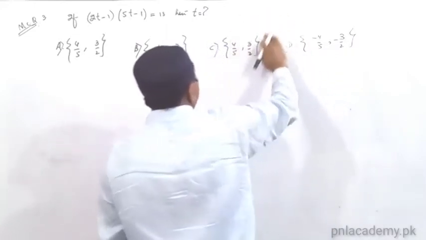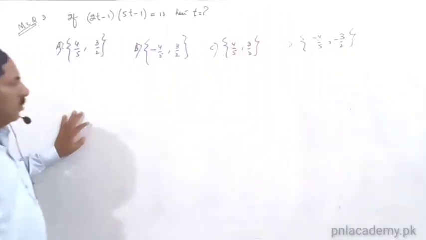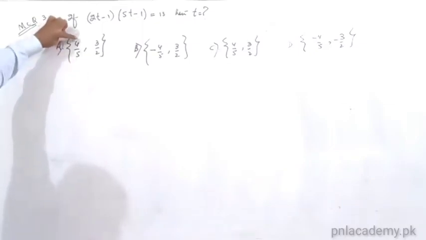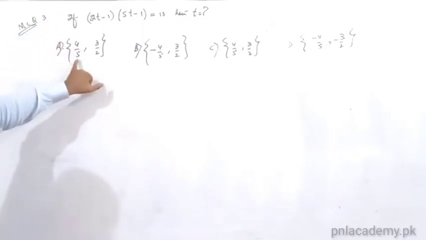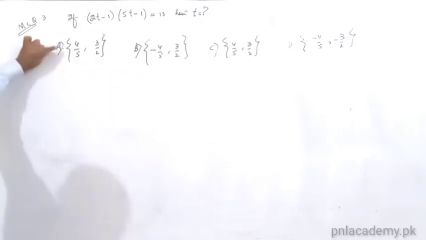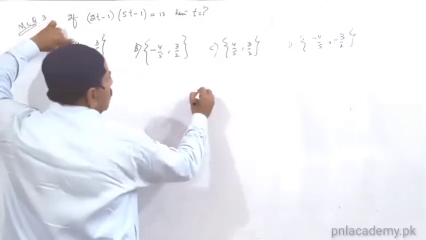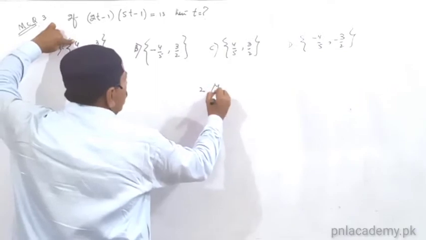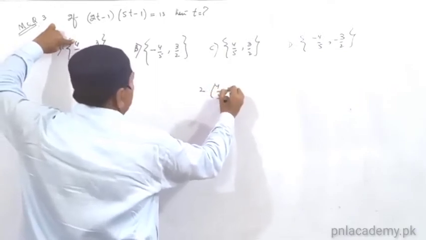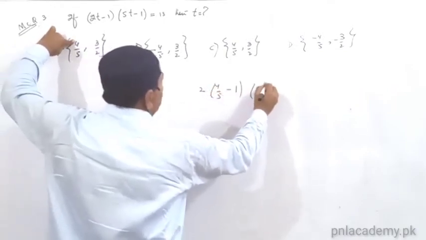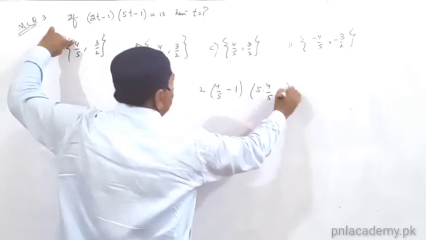Okay. Now substitution. 4 upon 5, this value is related to t. If we set 2 into 4 upon 5 minus 1, 5 into 4 upon 5 minus 1.